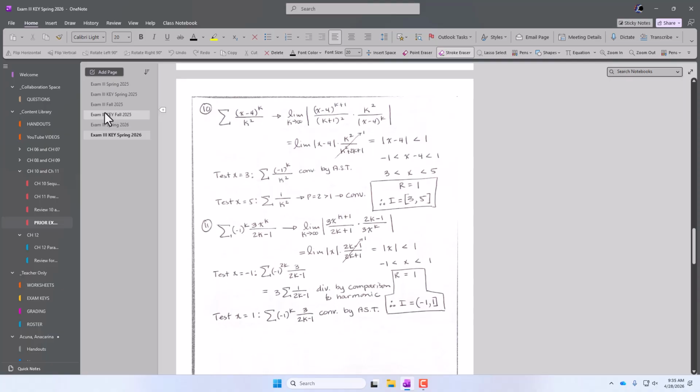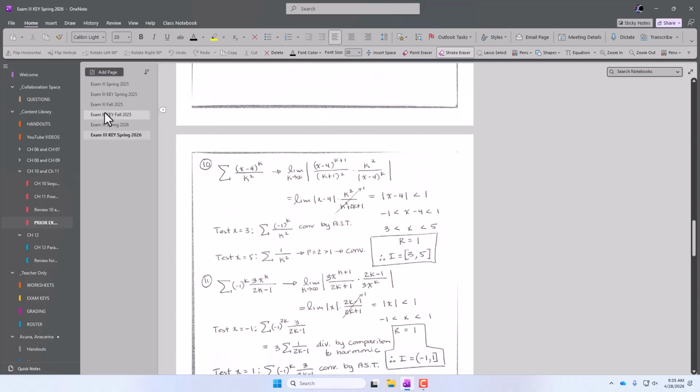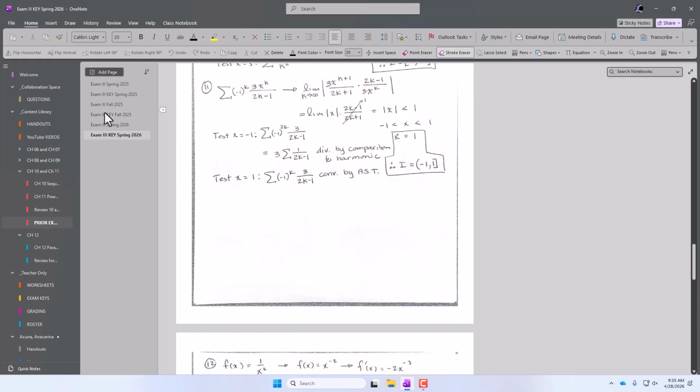There was also a very common mistake which threw me off a little bit, right here on 11. The part I was surprised at is that when we are doing the ratio test, the root test is way harder on this problem than the ratio test.